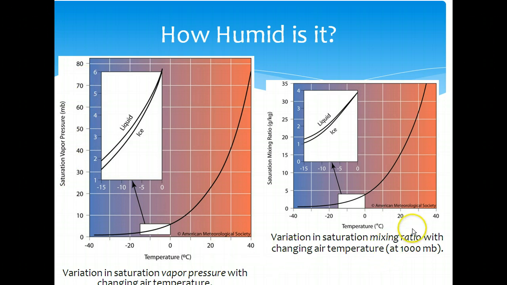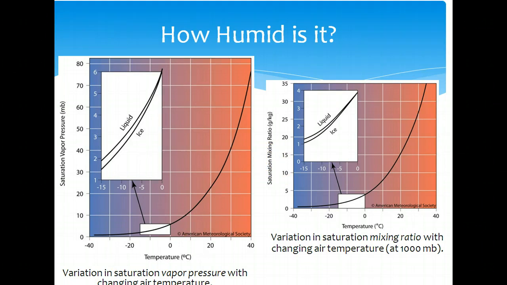Over with the mixing ratio, we can also see the same situation. Increasing the temperature increases the amount, that is grams per kilogram, of water in the parcel of air that we're looking at.